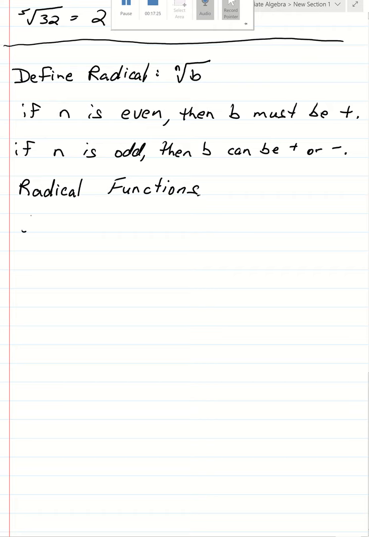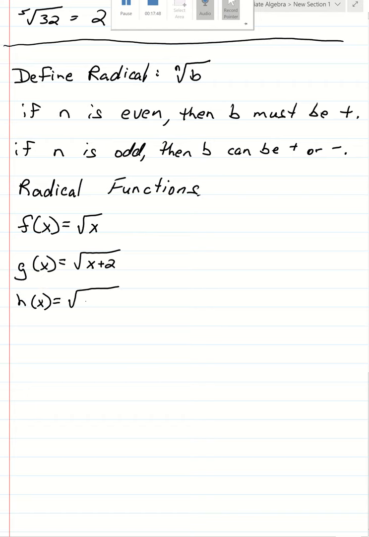For example, we might have f of x equals just the square root of x. g of x might be equal to the square root of x plus 2. And h of x might equal the square root of, let's say, x minus 3. Okay?